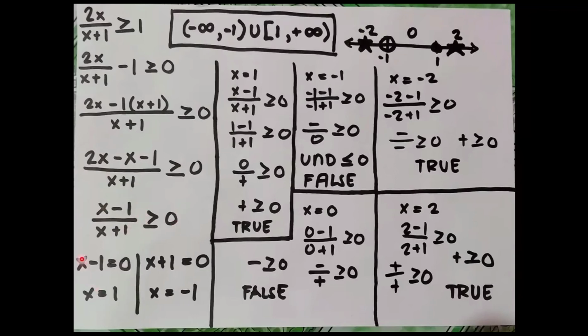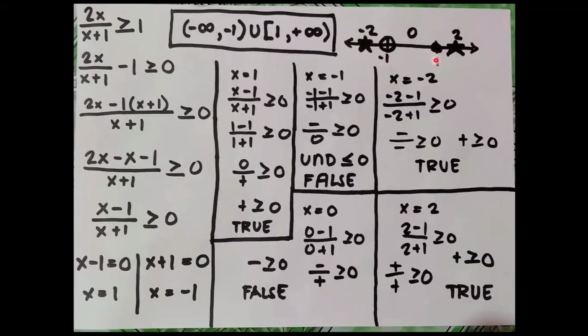So we set x minus 1 equal to 0 and x plus 1 equal to 0. So we'll use the additive inverse. So this will become x equals positive 1, and this will be x equals negative 1. And so next we will put it on a number line like this, where we will put our answers negative 1 and positive 1.